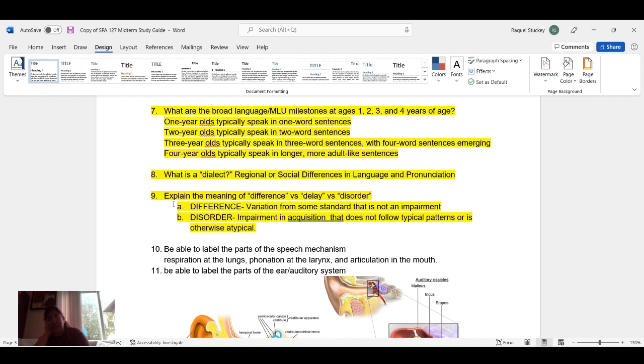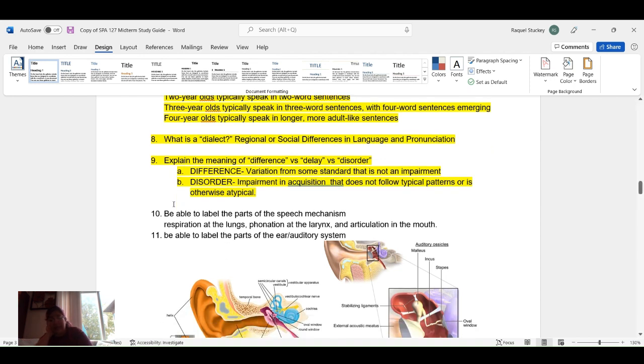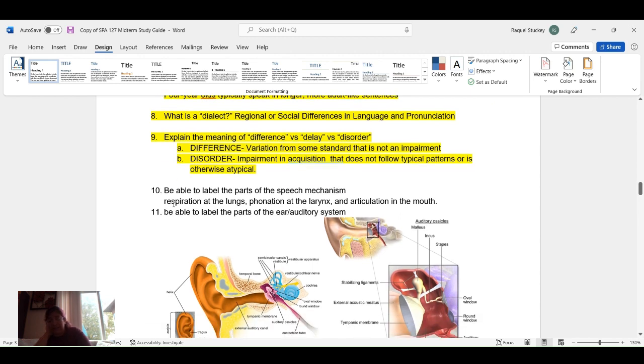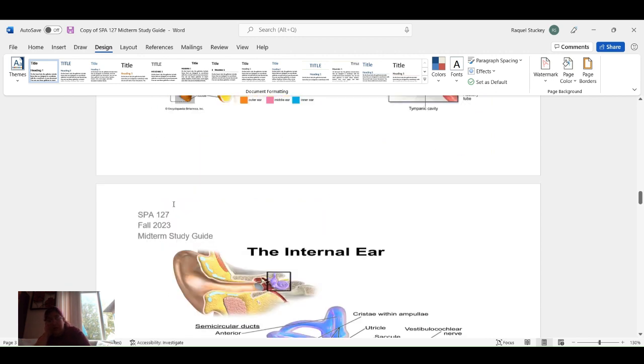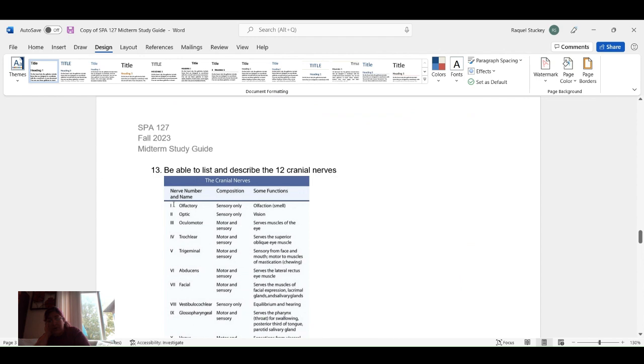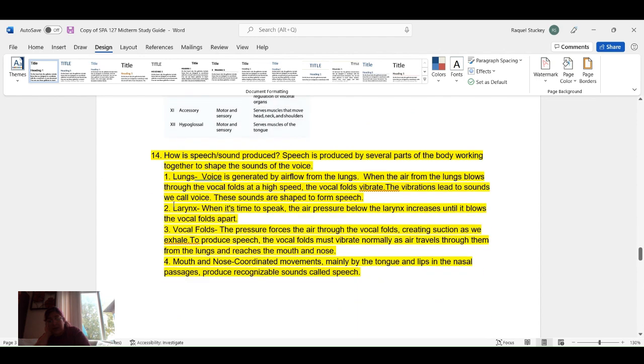What is the speech mechanism? Lungs, respiration; larynx, phonation; and mouth, articulation. How is speech produced? Lungs: the voice is generated by lung airflow.